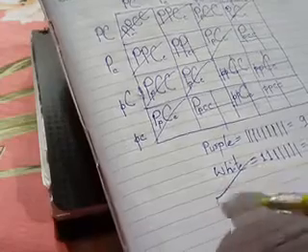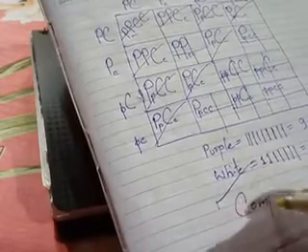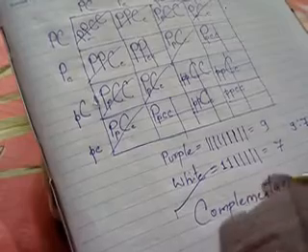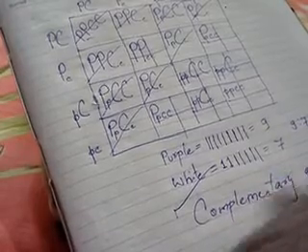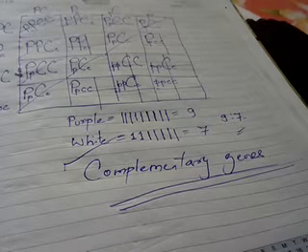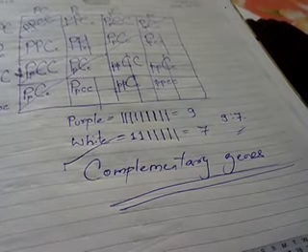And this type of epistasis is known as complementary genes. So the question might come, complementary genes example, then you can give this example. So thank you very much.